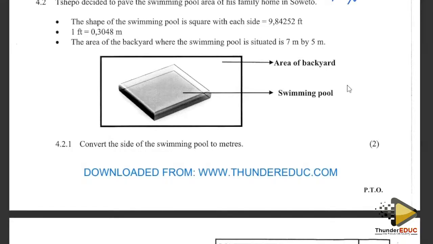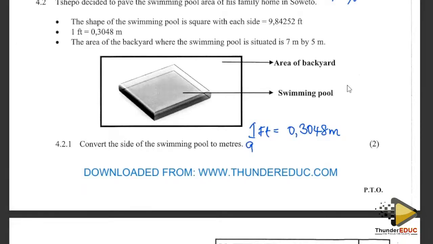Convert the side of the swimming pool to meters. They've told you, if I have 1 foot, I have 0.3048, but these are meters. Now I have more than 1 foot, so definitely it's going to enlarge.